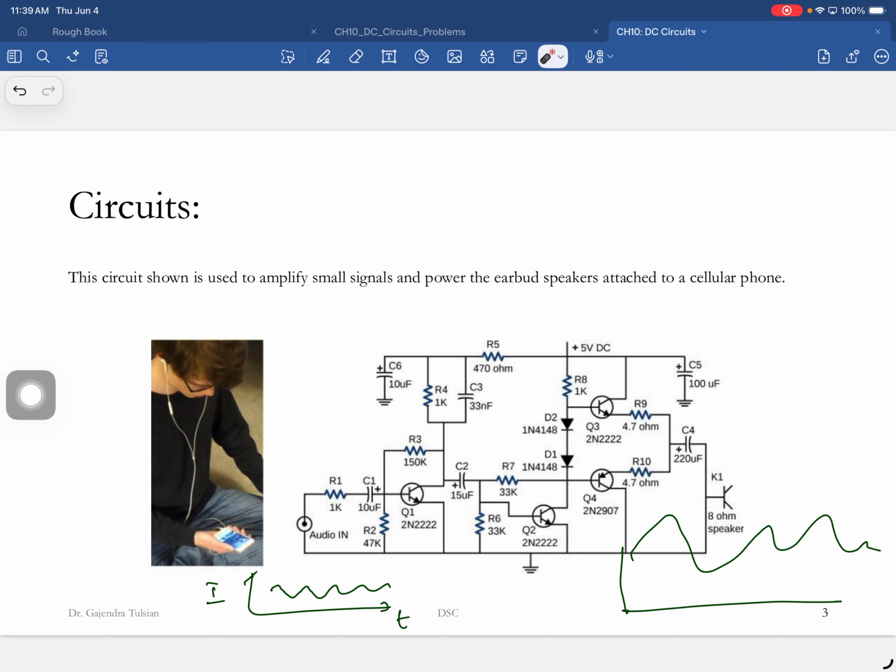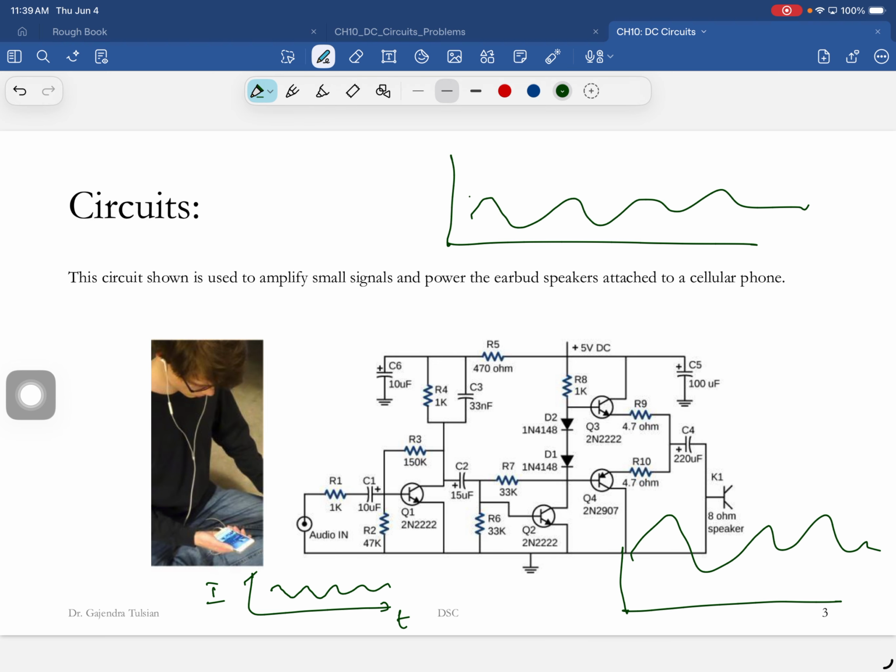What's the difference between a good and a bad amplifier? Efficiency. Precision. Yep. You want the exact same signal and just amplify it.